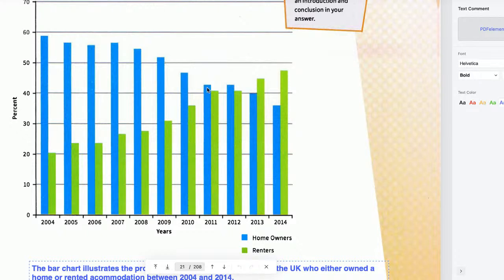Okay, so somewhere there, and then it dropped to what? Less than 50%, right? So how can we say it? You can put a comma there. Ownership then declined gradually, comma.